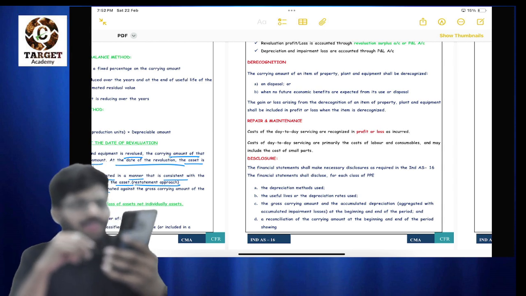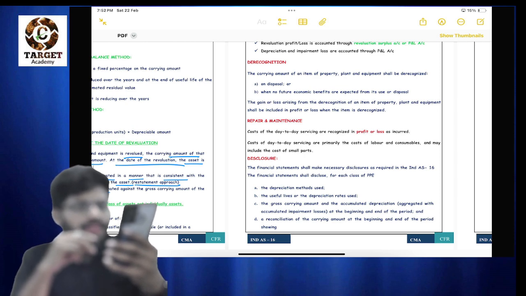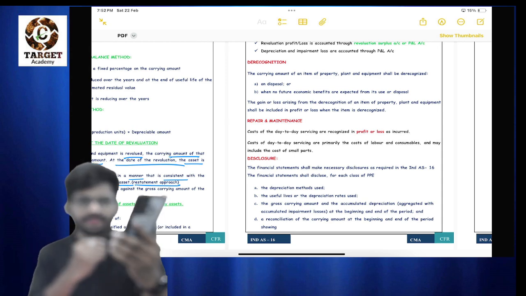Okay, so coming to last year's question paper, I will share this question paper in our Telegram channel. The cost of the asset is 4 lakhs, useful life 10 years, gross carrying amount 4 lakhs, accumulated depreciation 1 lakh 60, net carrying amount 2 lakh 40, fair value is 3 lakhs. Same as this question, you need to write under two methods.